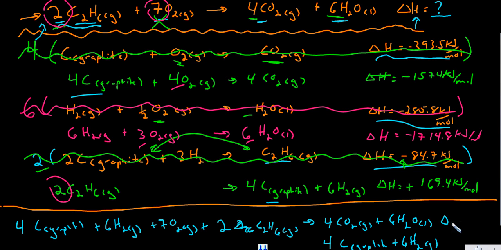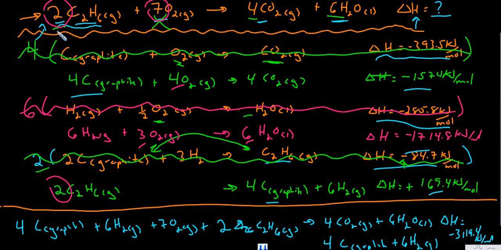And then the delta H is the combination of this plus that, which should be, wow, negative 3,119.4 kilojoules per mole.